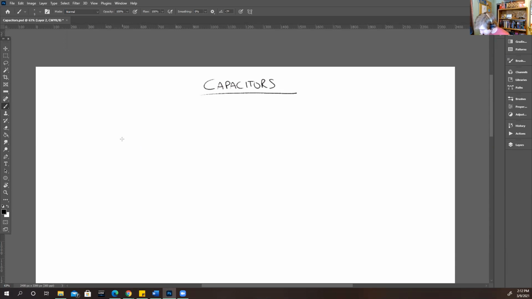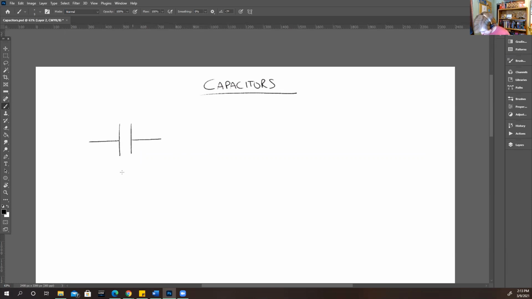A capacitor is just two plates like this. And actually I want to have these be sort of rectangles.